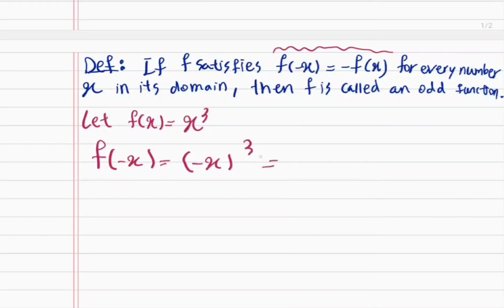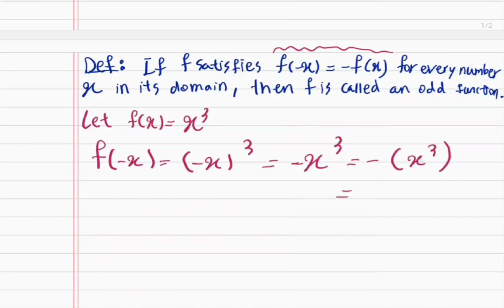And minus x cubed is minus x cubed because we are raising a negative number to an odd power. That means the final result is going to be negative. And this is equal to minus x cubed, right? So if we negate x cubed, then we get minus x cubed.